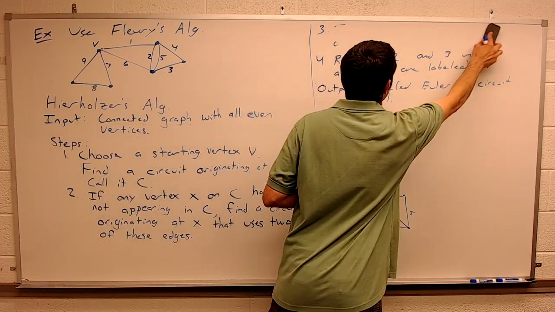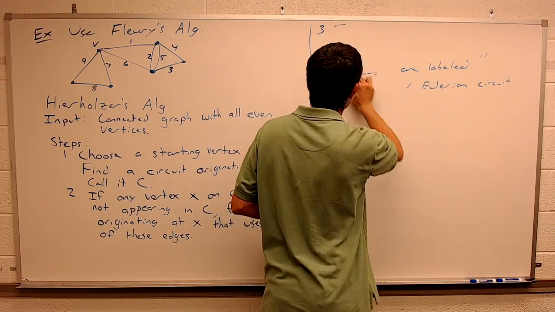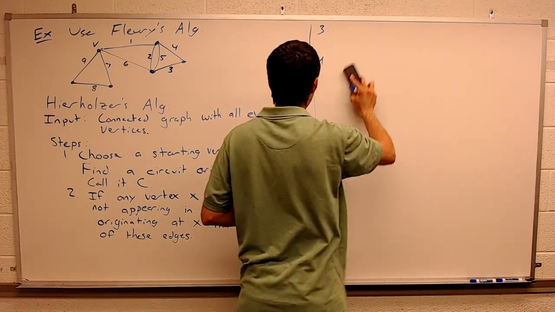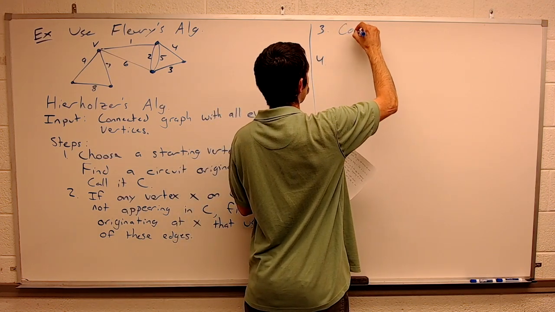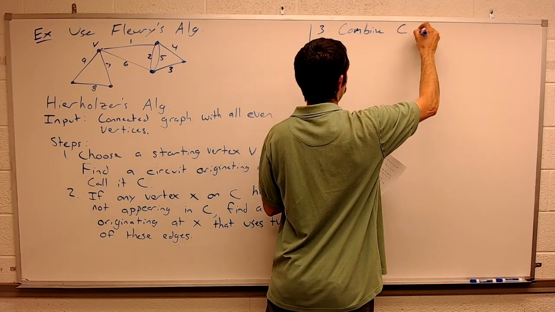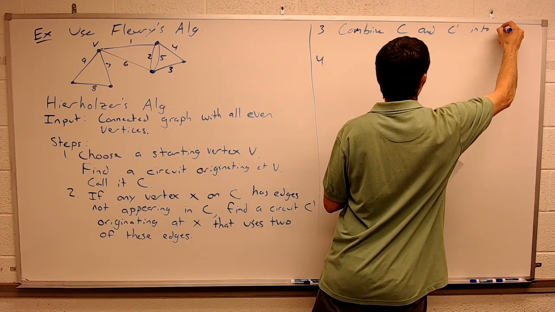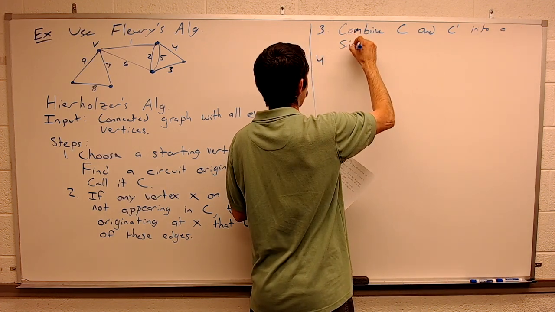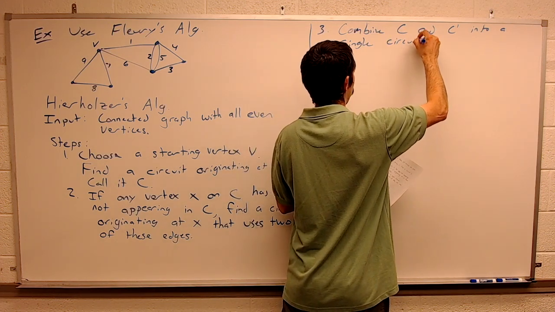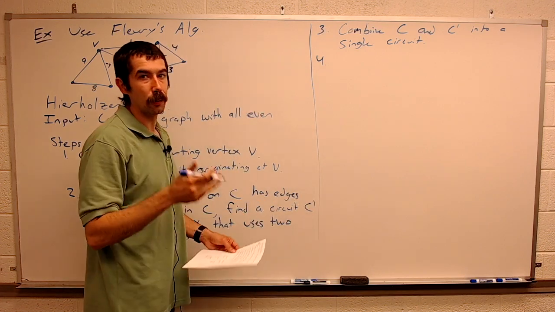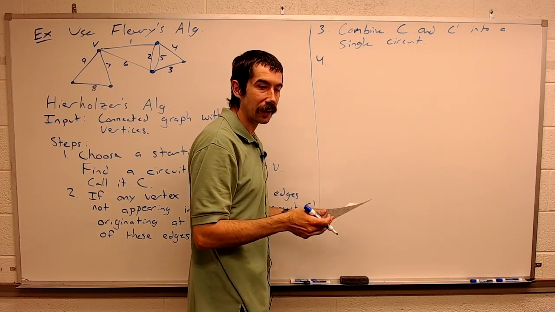Step 3 is that we're going to combine C and C prime into one circuit. And then step 4 is we're going to repeat step 2 and step 3 until we get every edge.